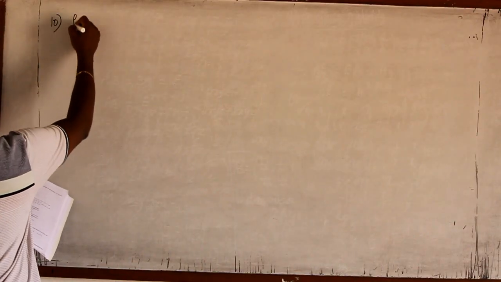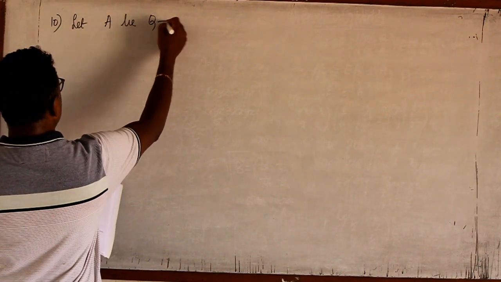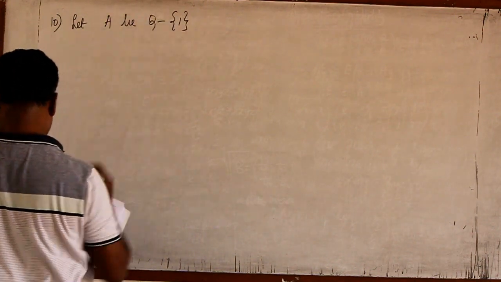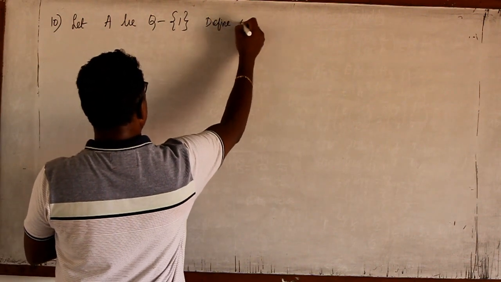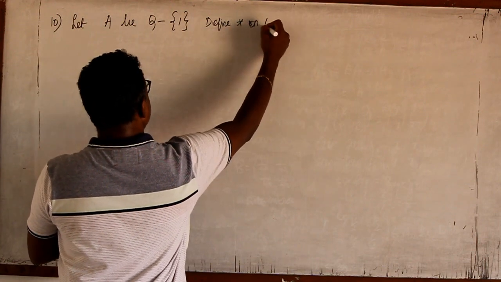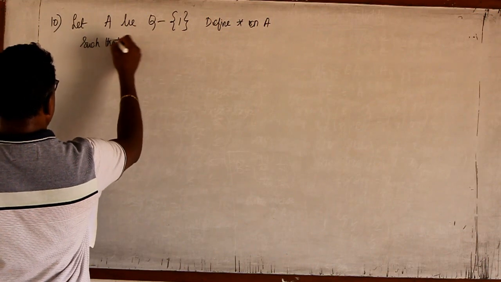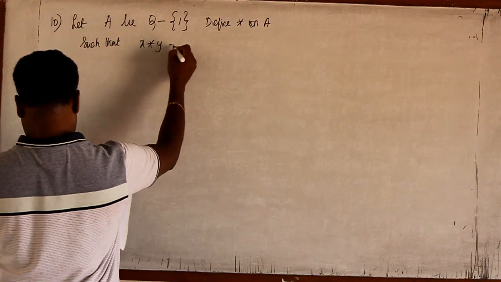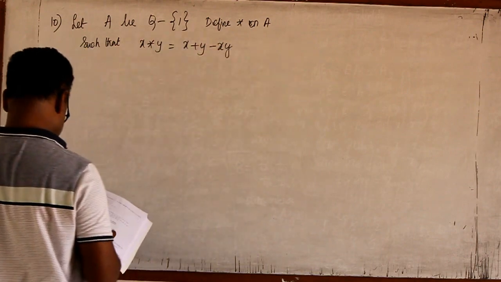Next, the 10th problem. Let A be Q minus 1. Define star on A such that x star y equals x plus y minus xy.